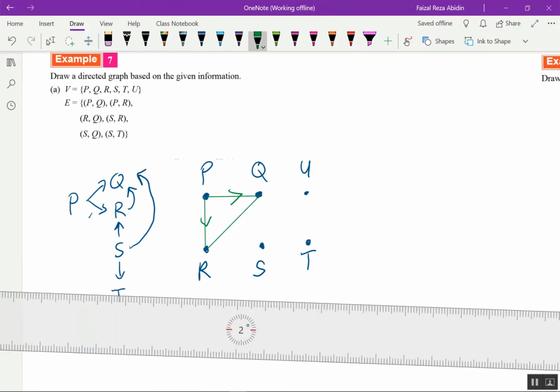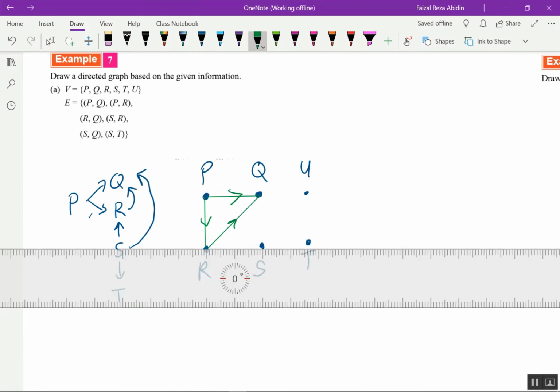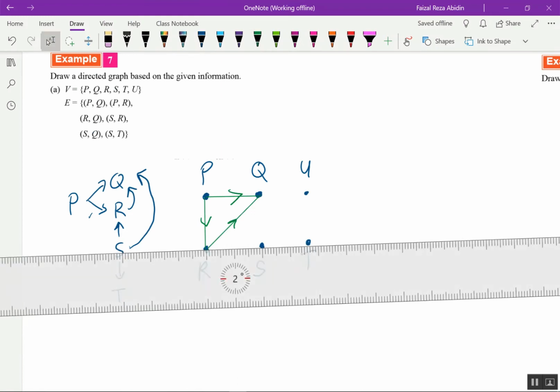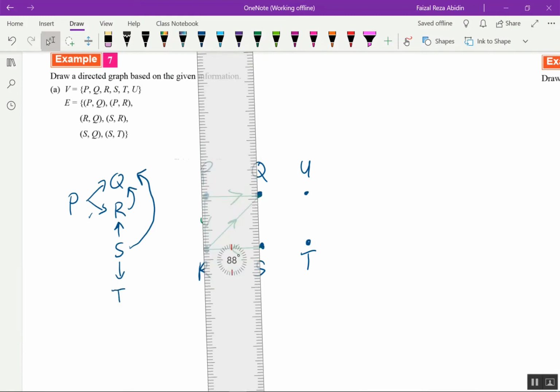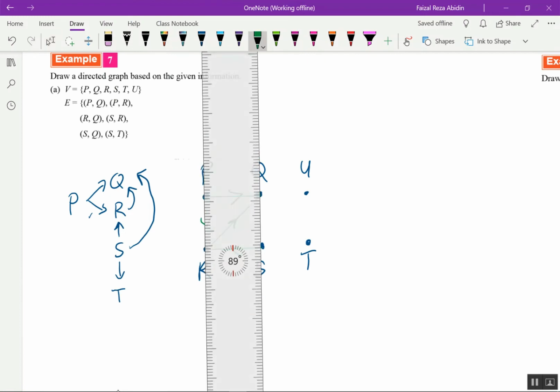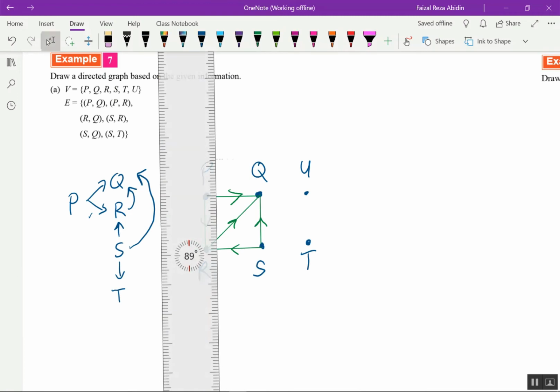And then don't forget our arrow of the direction, SR. From S going to R. SR, and then followed by SQ, and then we have ST.